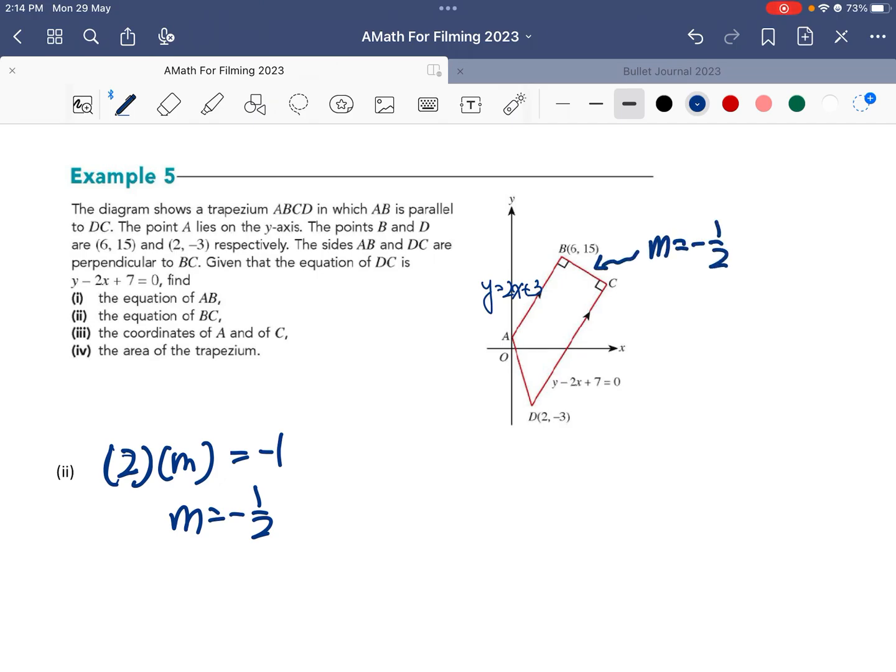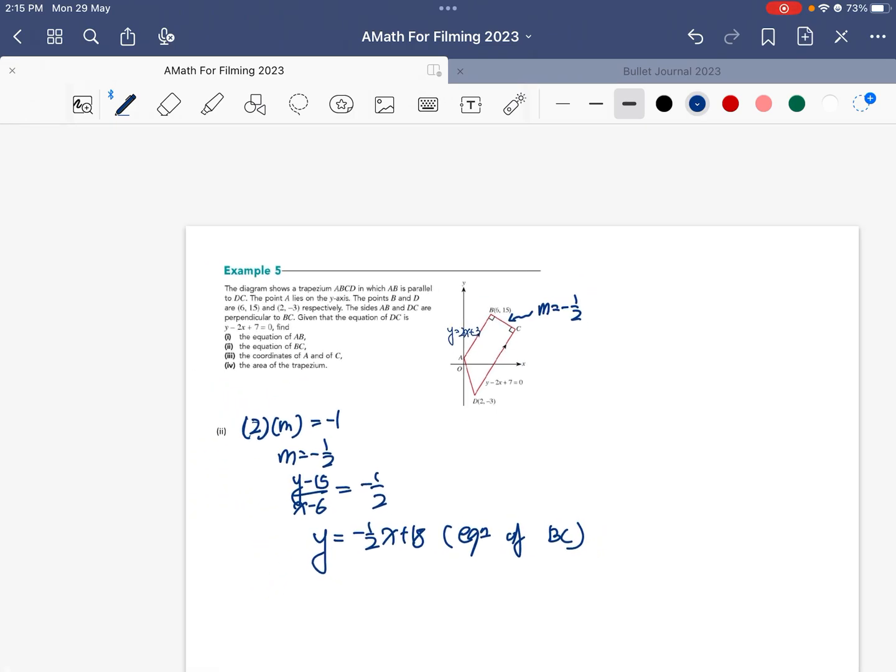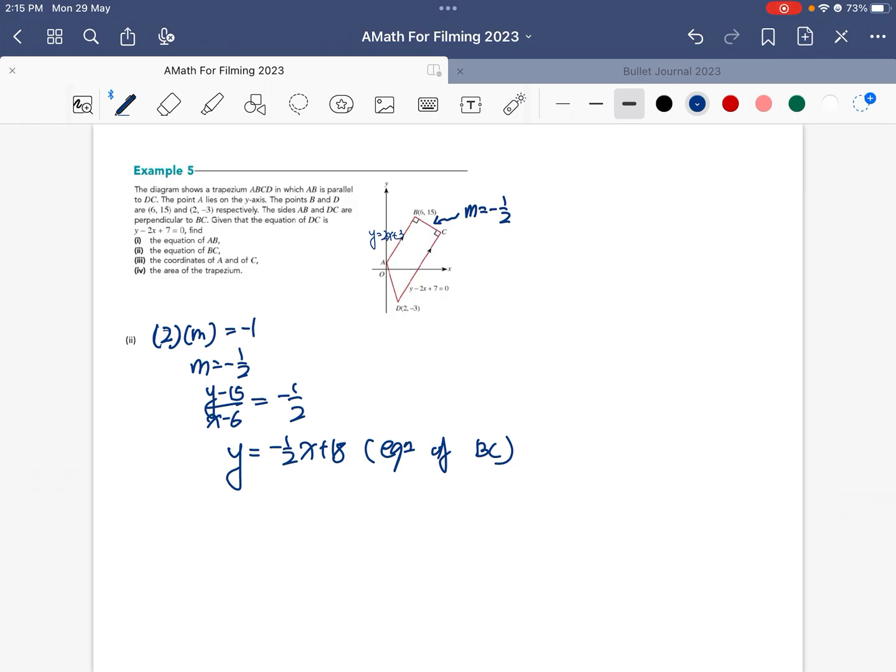Hence, the gradient of BC is -1/2. Then (y minus 15) over (x minus 6) equals -1/2. If I simplify all of this, I get y equals -1/2 x plus 18. This is the equation of BC.